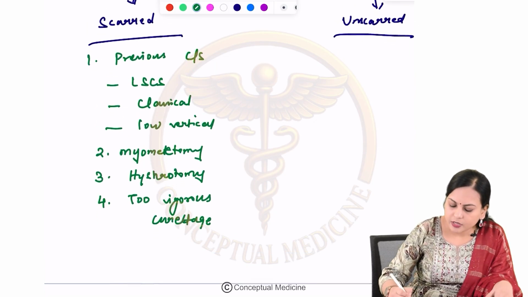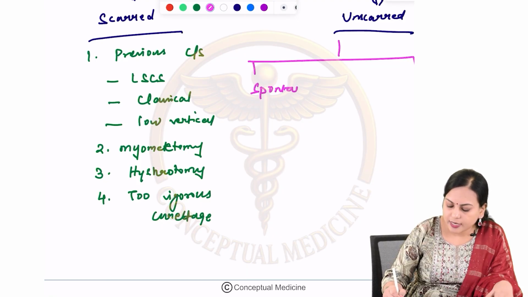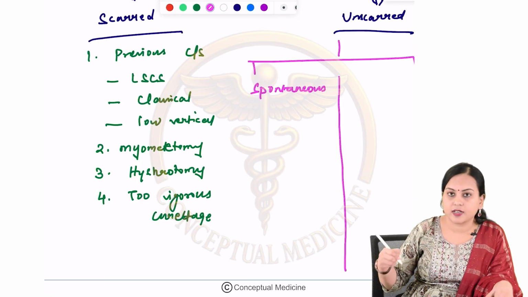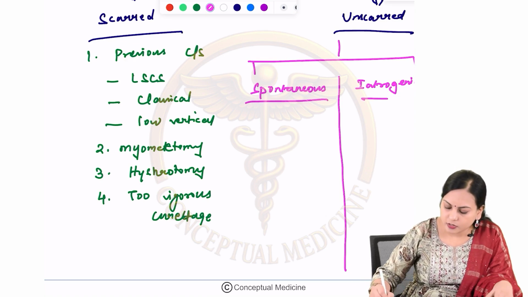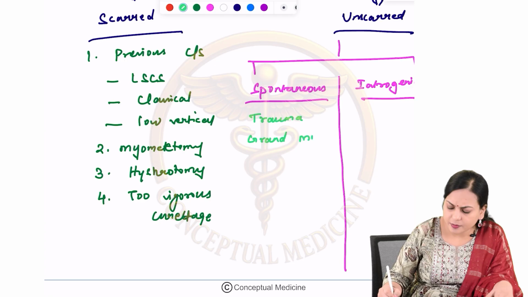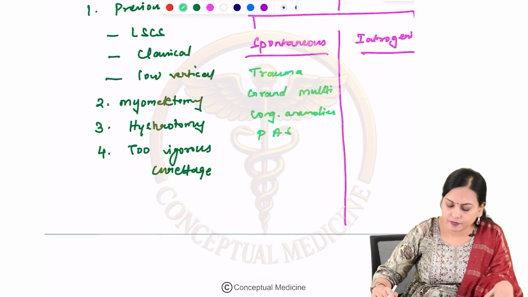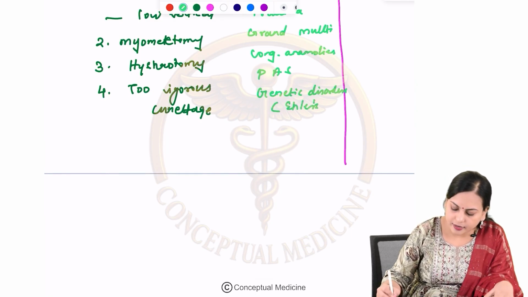Okay. Now, coming to unscarred uterus, the causes can be further classified into spontaneous causes of rupture of unscarred uterus and iatrogenic causes of rupture of unscarred uterus. So, the spontaneous causes may include causes like trauma or when she is a grand multi, or there were congenital anomalies, placenta accreta spectrum, and genetic disorders, for example Ehlers-Danlos syndrome.